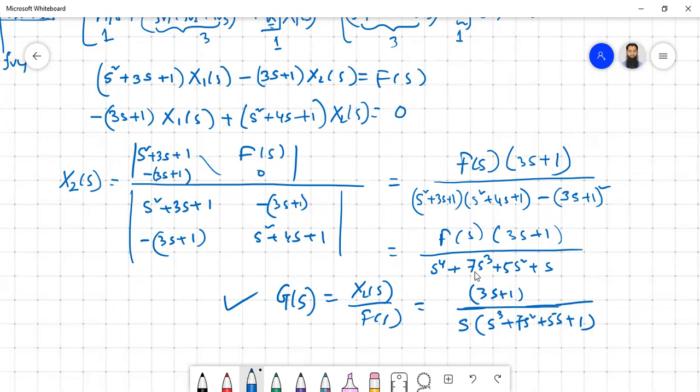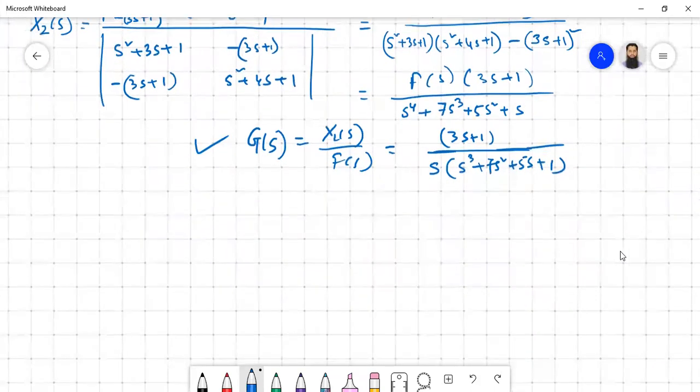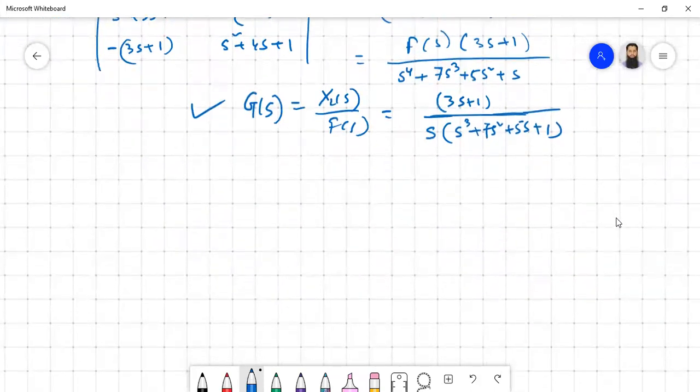So this was your article 2.5, obtaining the transfer function for a translational mechanical system. I tried to go as slow as possible and derive step by step. I hope that will help you to understand.